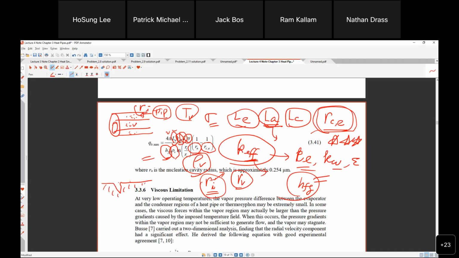At a specific cavity size, boiling occurs. Okay, so this cavity size is the nucleation radius. It's given with the boiling nucleation theory. Then you can calculate the boiling.